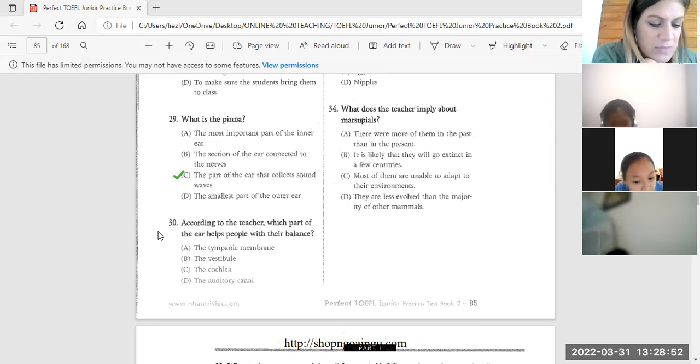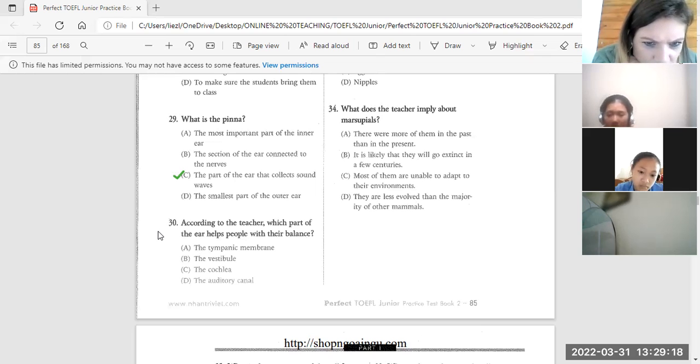It's spiral shaped, as you can see from the picture. Inside the cochlea are fluids that transfer sound waves to a nerve. The nerve is connected to the brain. The brain then interprets the sound. The other two parts are used for balance. It's the vestibule and the three semicircular canals.